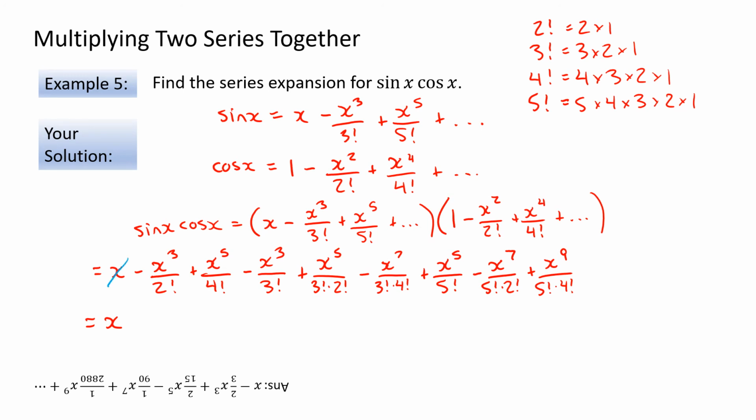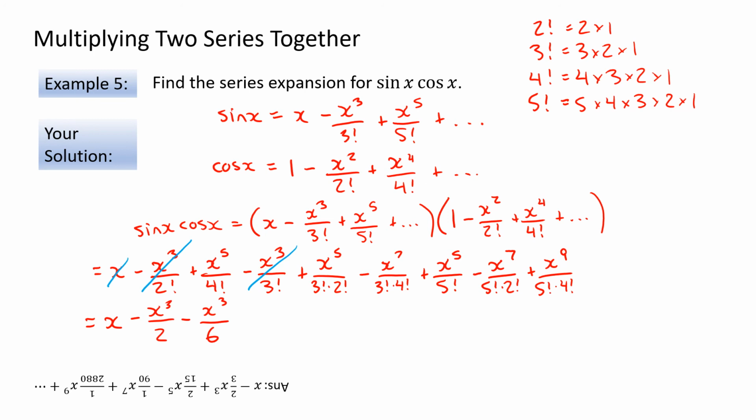And we don't have any x squared terms, but we have a couple x cubed terms. We have minus x cubed divided by 2 instead of 2 factorial, so that gets rid of this term. And we get minus x cubed over 3 factorial, which is 6. Okay, so again, I like to cross them out to know that I've gotten rid of each term, or that I've brought each term into my next line for a solution.